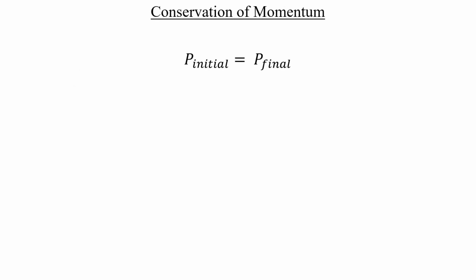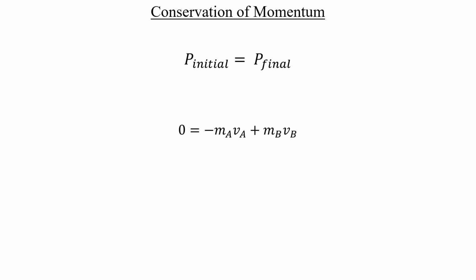The original object was initially at rest before the explosion occurred, so we're going to have 0 on the left-hand side. On the right, we'll keep it simple and say that the fragments fly off in opposite directions, with fragment A moving to the left in the negative direction and fragment B to the right in the positive.